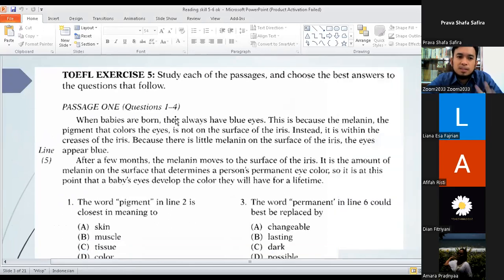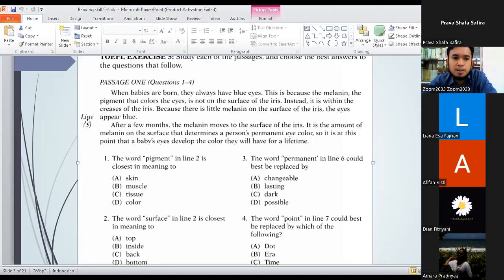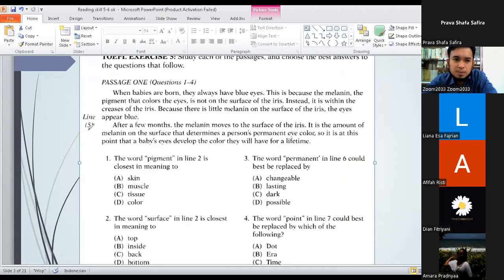Take a look at this. On the TOEFL, you are going to have this kind of session: one passage consisting of 2 paragraphs, with a line that helps you to identify the word, and then there must be 4 questions.